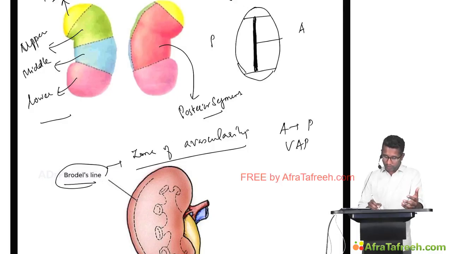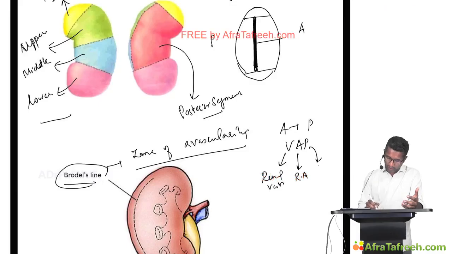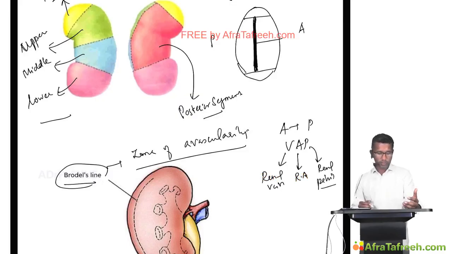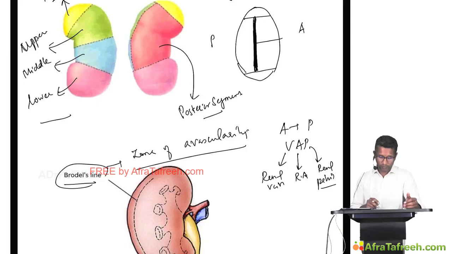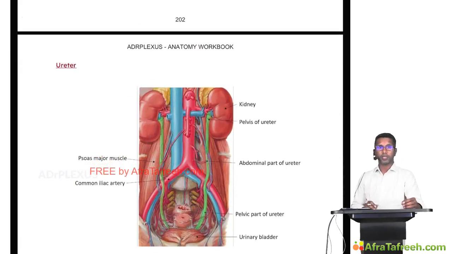The most anterior is the renal vein, then comes the renal artery, and the posterior structure is the renal pelvis. When you trace the renal pelvis down, the renal pelvis continues as the ureter.